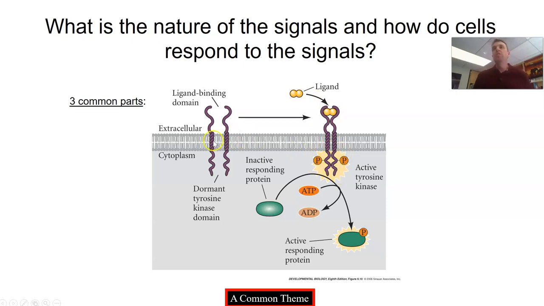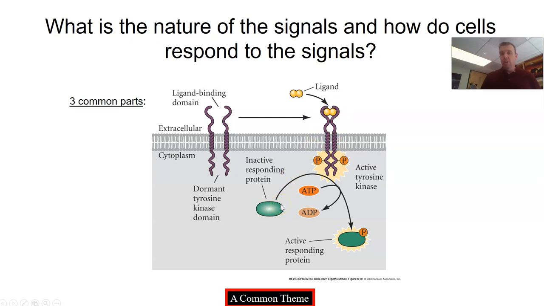In this case, you can see that the receptor is dimerized by binding to the ligand. The ligand holds the two receptors together, and then that leads to phosphorylation of the intracellular region of these membrane receptors. Sometimes it can just change conformation, but either way, there is a difference inside the cell that responds when the ligand is bound outside the cell.